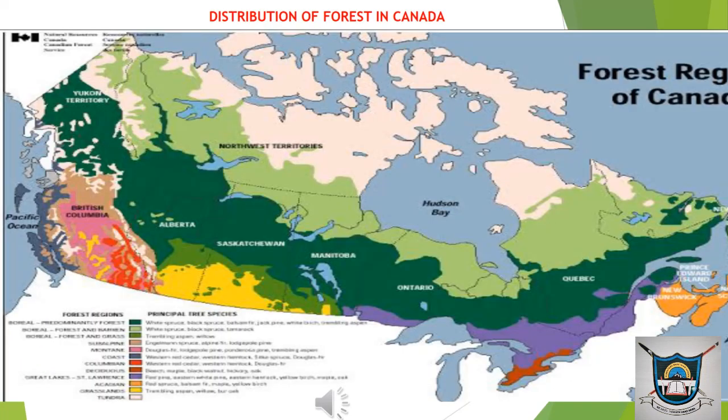Now I have displayed an image of a map of Canada, and it's just showing the forest regions of Canada, the distribution of the forests. Even from your atlases back at home, you can look at that map of Canada. You can see those regions that I mentioned earlier: Quebec, Ontario, Manitoba, all those areas starting from British Columbia all the way.